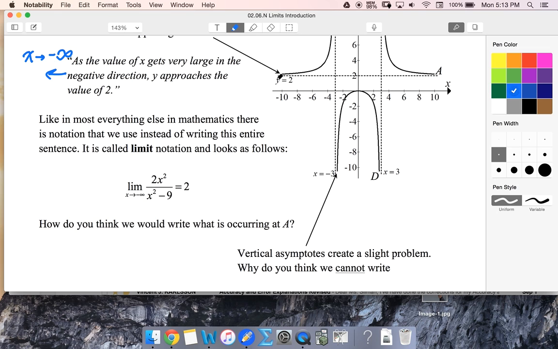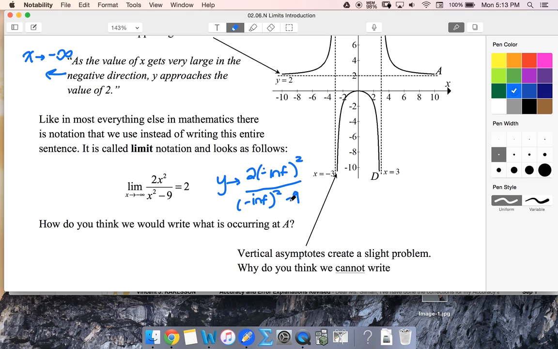If we didn't already have the picture, then we would think about it. And the way that I like to think about it is we're asking, what's happening when we replace these x's with negative infinity? Well, thinking about x going towards negative infinity, that means my y is going towards 2 times negative infinity squared over negative infinity squared minus 9.